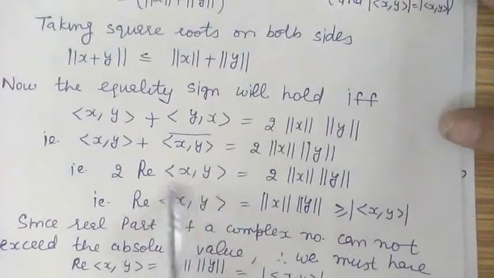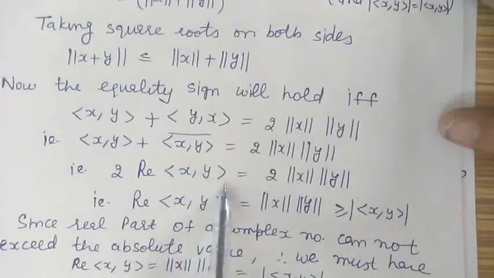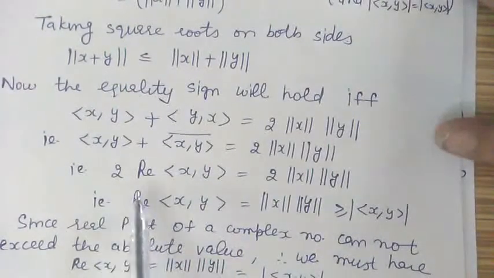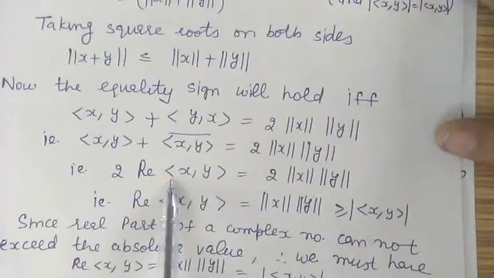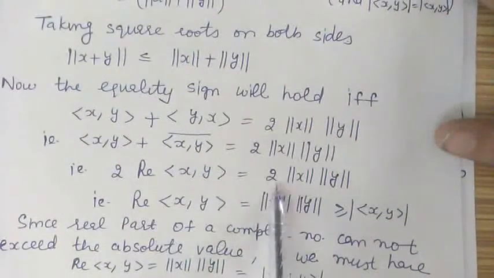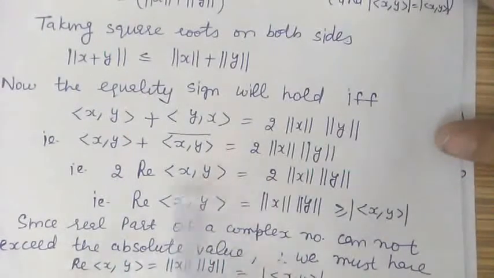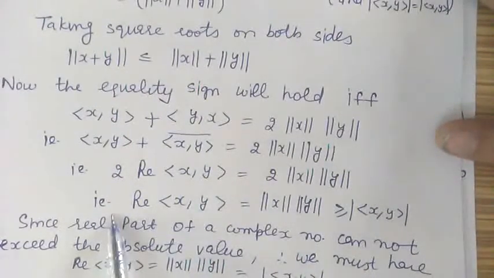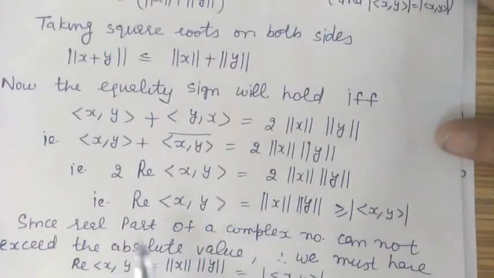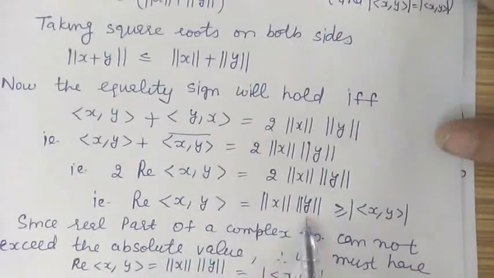Here the complex number is the inner product of x with y. So the equality sign holds if and only if 2 times the real part of the inner product of x with y is equal to 2 times ||x|| ||y||. Now 2 cancels out from both sides, so the equality holds if and only if the real part of the inner product of x and y is equal to ||x|| ||y||.